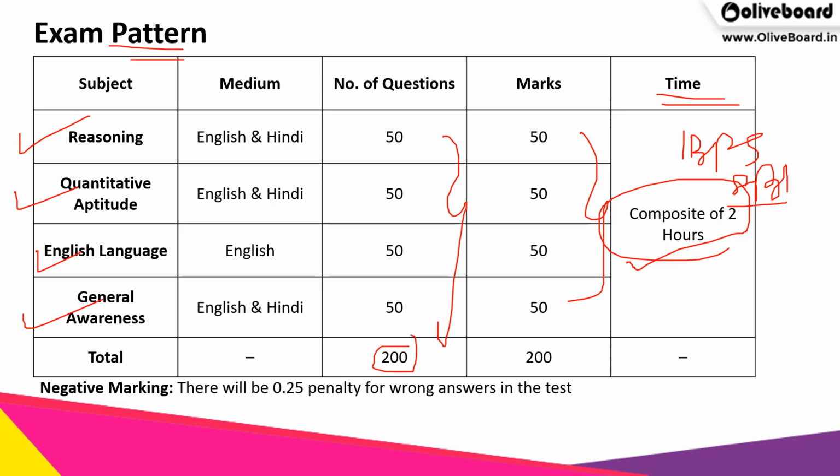So we have 200 questions carrying 200 marks and 2 hours is given to us. And here also we have a negative marking of 0.2 per wrong answer. So try and finish the English language as well as general awareness sections so you have enough time for the reasoning and quantitative aptitude paper.